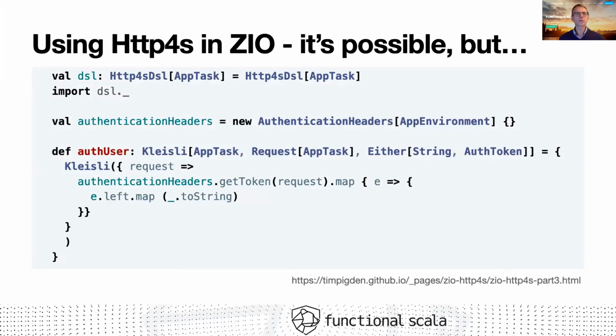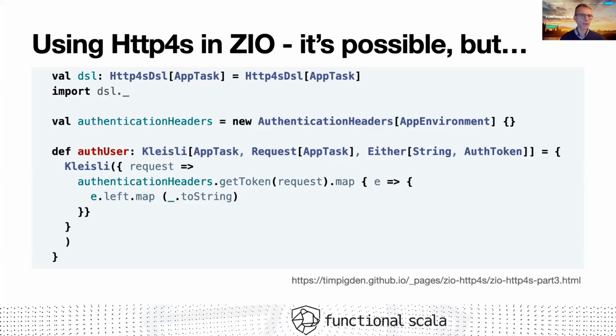Another option is to use existing Scala web layers. For example, HTTP-FRS would be a great choice. And there are interoperability libraries to make the connection between ZIO and HTTP-FRS, and that's fine, especially if you already know HTTP-FRS. Well, I don't, and I started looking into it because it seemed like a good solution to me. And I got a bit scared off by its functional programming all the way.